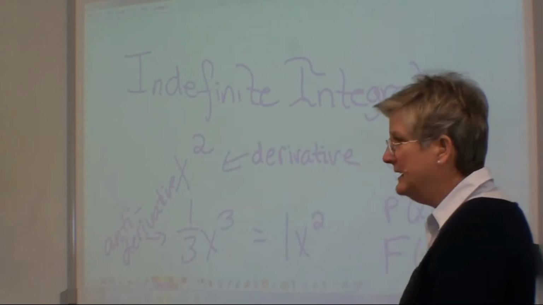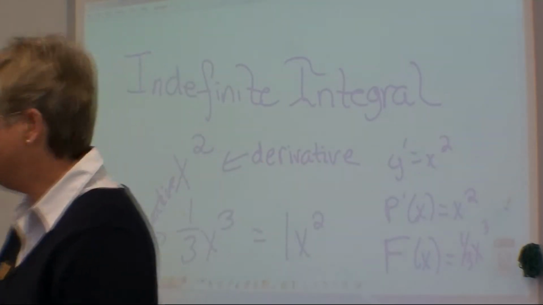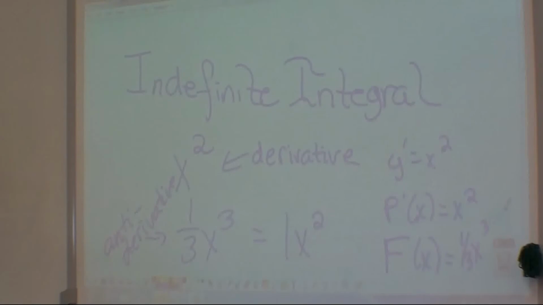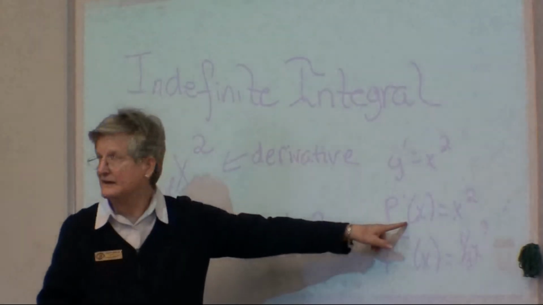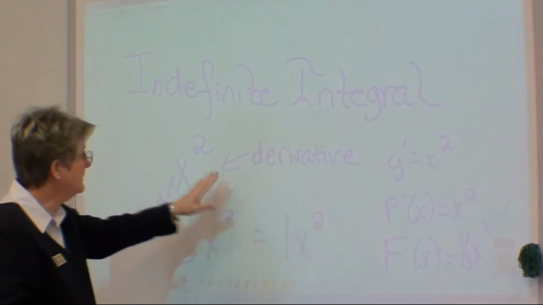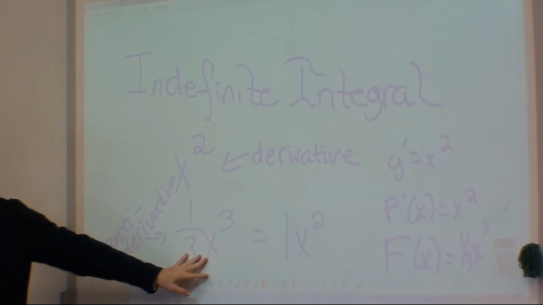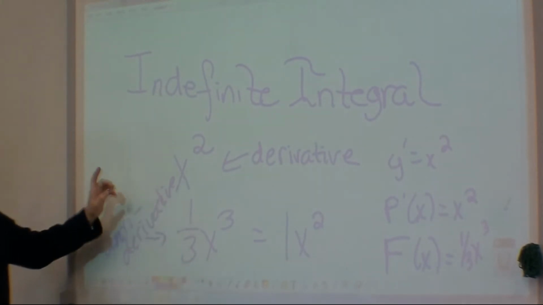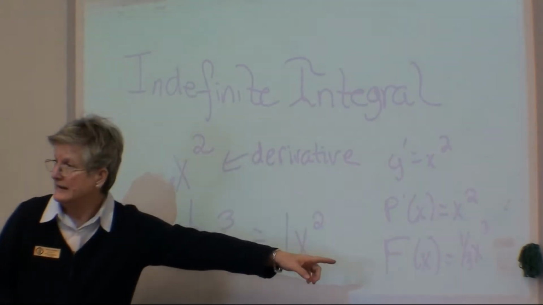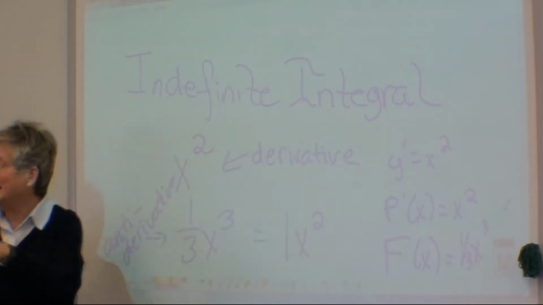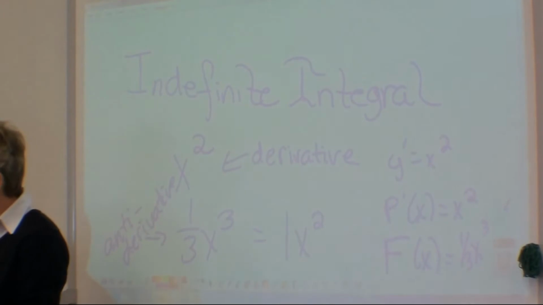Now, if your capital F looks like a little f, we're used to that being the original function. Like when we used our f of x notation here, I would have labeled this little f of x because it's the original. But the capital F of x says that I've taken the antiderivative of something.